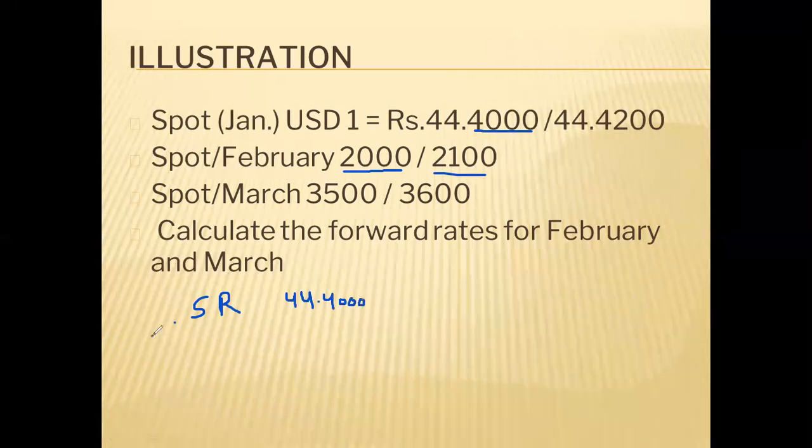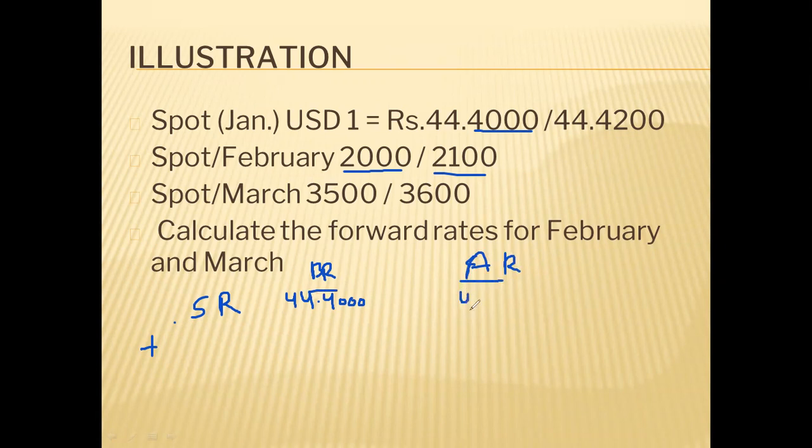44.4000 plus, for February, this is the bid side. You can write the ask rate here, 44.4200.